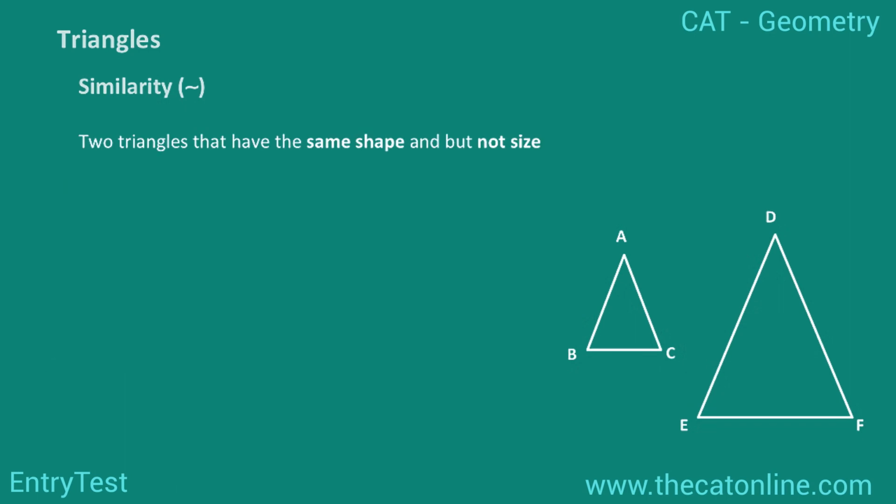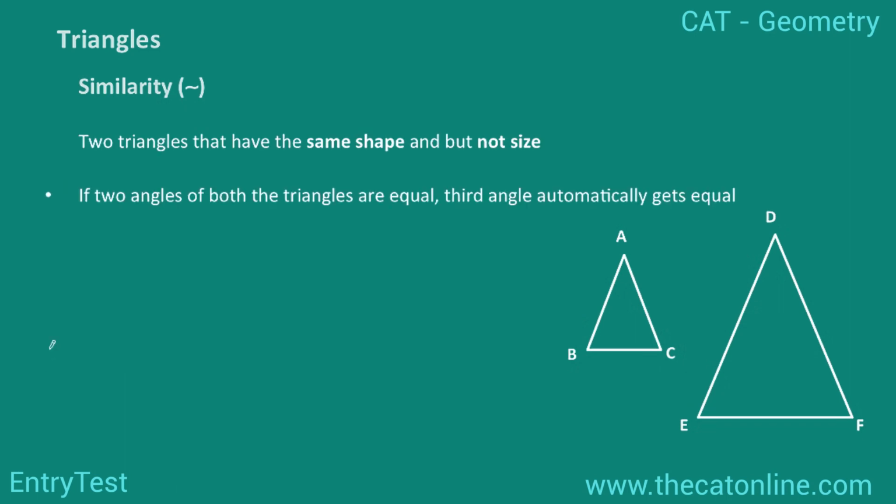Similarity. The two triangles should have the same shape but not the size. So shape has to be same but not the size. Shape is determined by angles. So that means if all the angles of the first triangle are equal to the corresponding angles of another triangle, the two triangles would be similar, but they need not be equal in size.